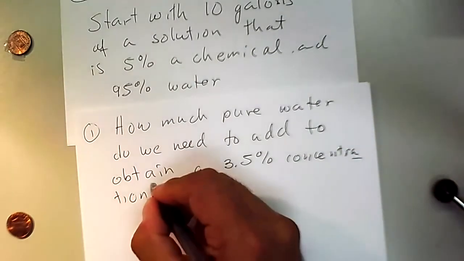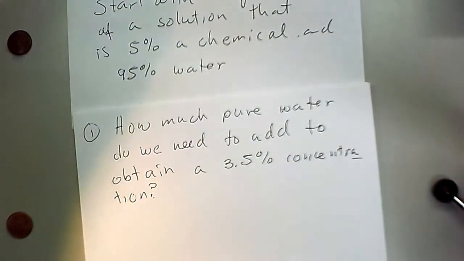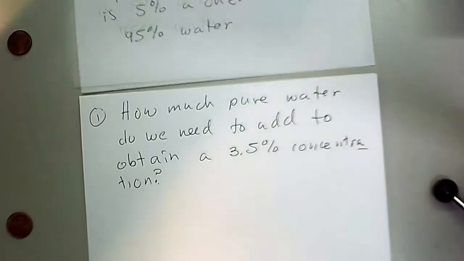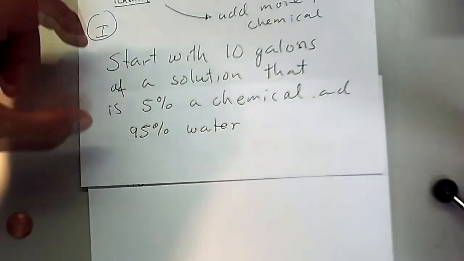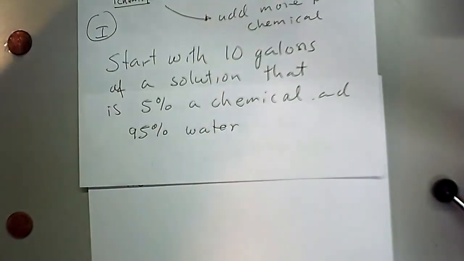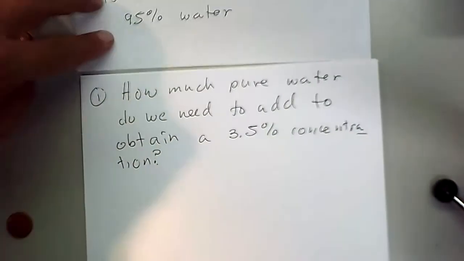Question mark. All right, so we want to water this down. For some reason, we don't want the solution to be too strong. We want it to be less strong. And so how can we do that?